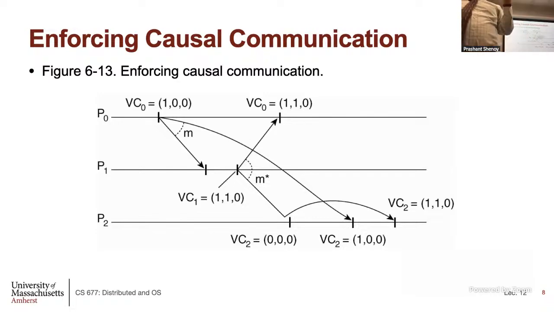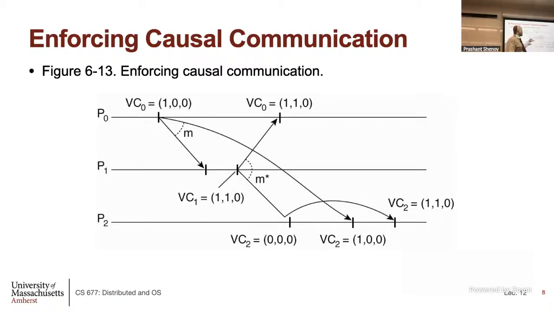Now, if you want to impose a property called causal delivery, not every protocol will impose it, but let's say you want to have causal delivery. That means if messages are sent in a certain order, they should also be received in the same order. The message that was sent first must be received first. So essentially M has to always be received before M star at all processes.